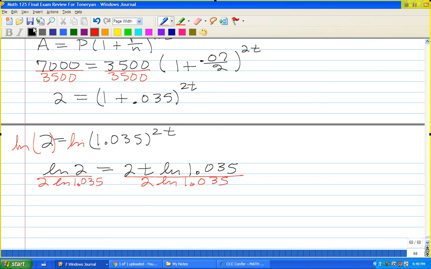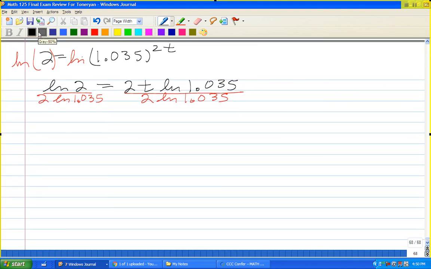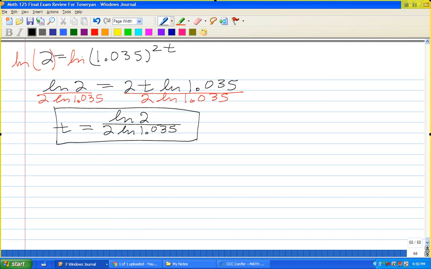And so I have here that t is equal to ln 2 over 2 ln 1.035. Let us find the approximate answer. So let me do that on my calculator.